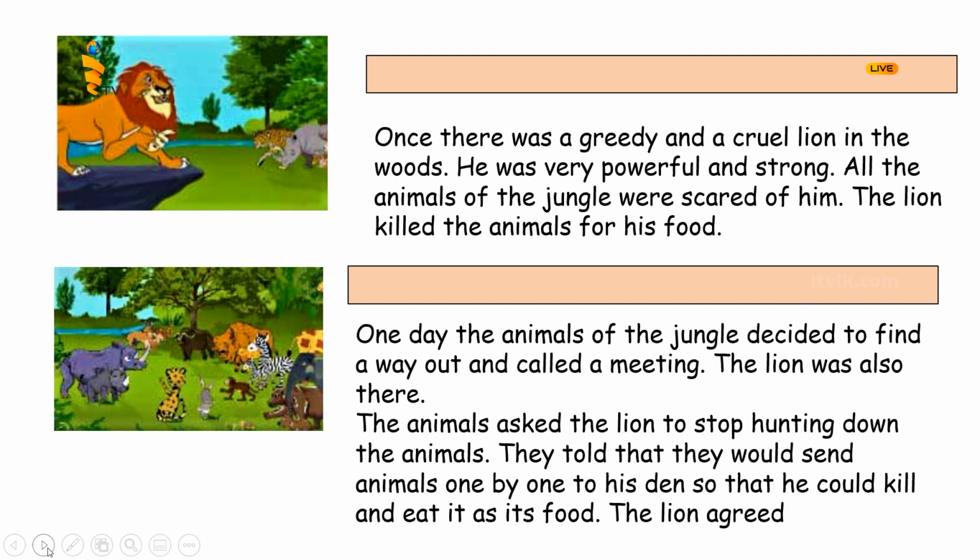The lion was also there. The animals asked the lion to stop hunting down the animals. They told that they would send animals one by one to his den so that he could kill and eat it as its food. The lion agreed.